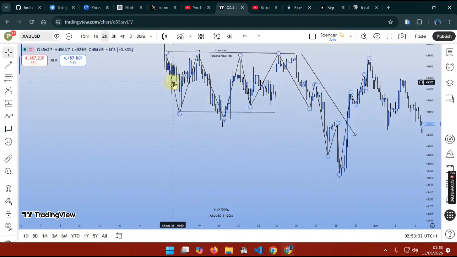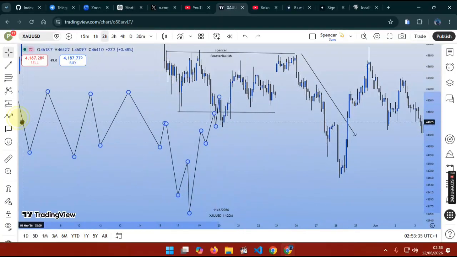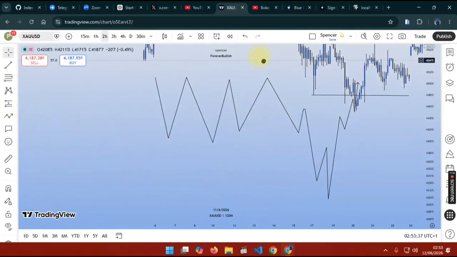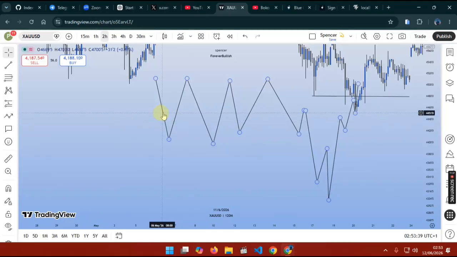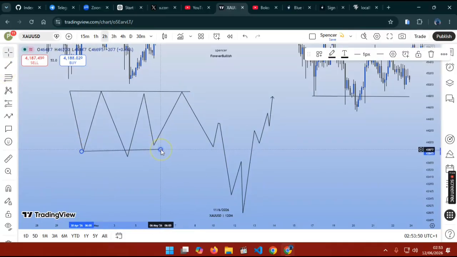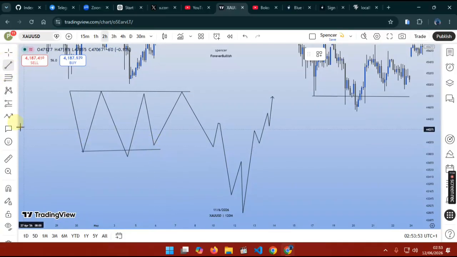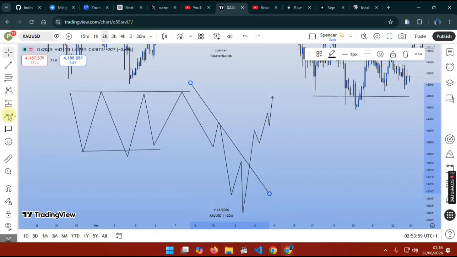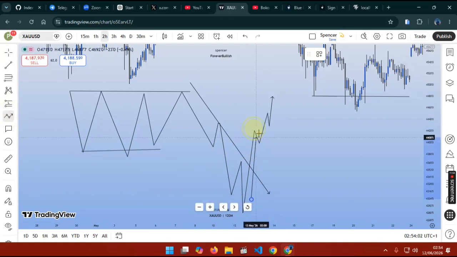This is basically our consolidation market here now. We have the market consolidating, and then we have a sell to the downside before we have a buy to the upside.